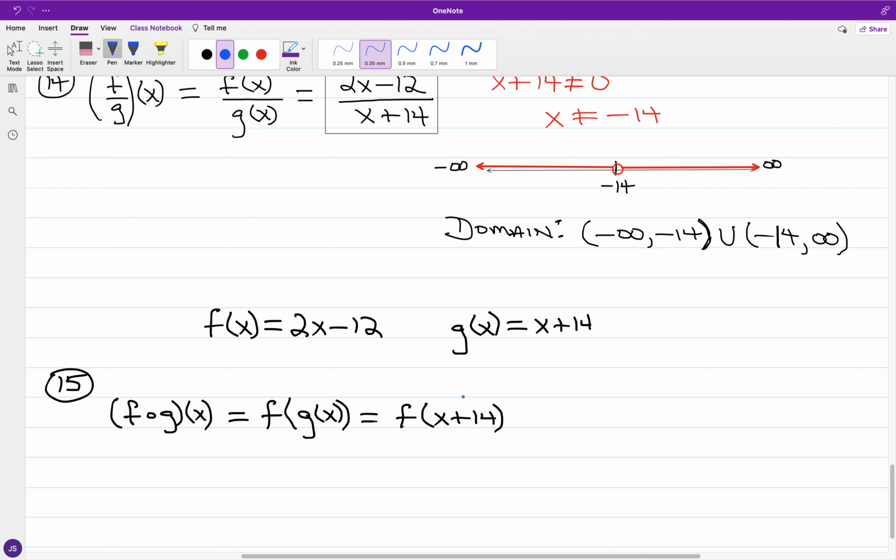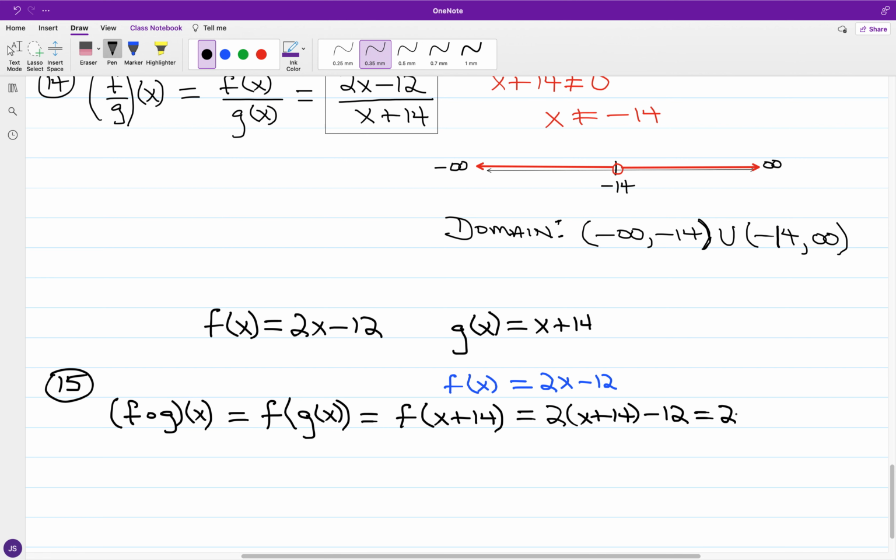And for the follow through in terms of what to do with x plus 14, let the f of x definition be the guide. So f of the input is equal to 2 times the input minus 12. And with the input at x plus 14, we'll have 2 times all of x plus 14 minus 12.